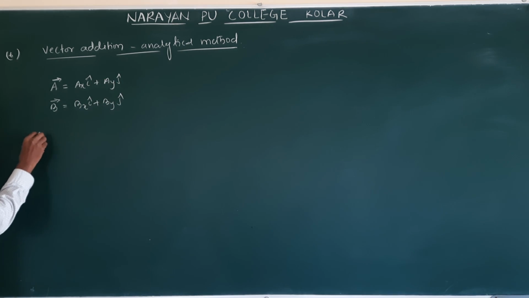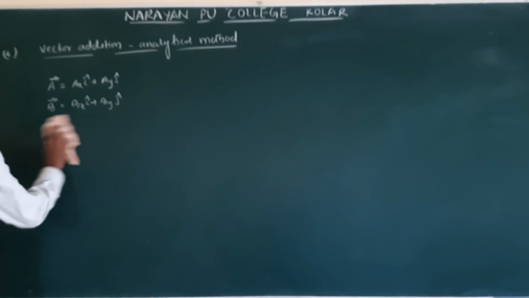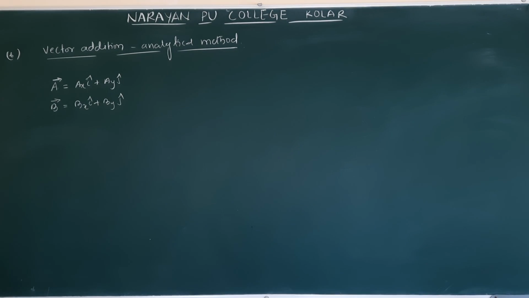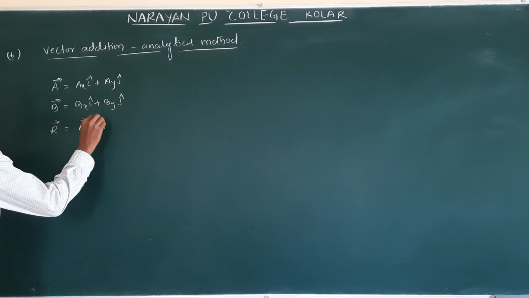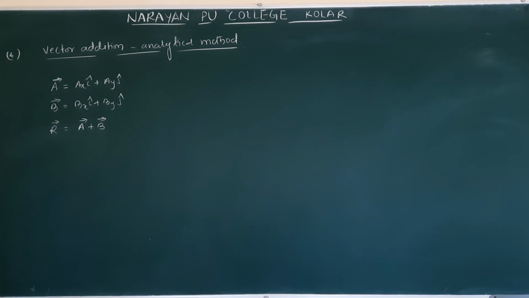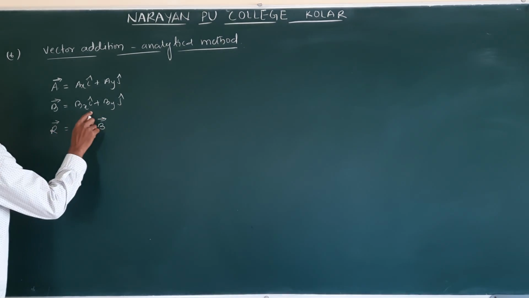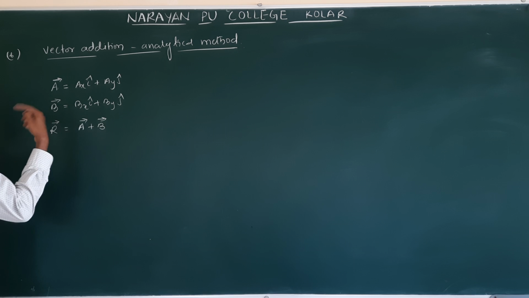Now A plus B is what? Addition. Clear? Let us say R will be the addition of A plus B. The sum we are representing, we are adding vectors, we will get again a vector.